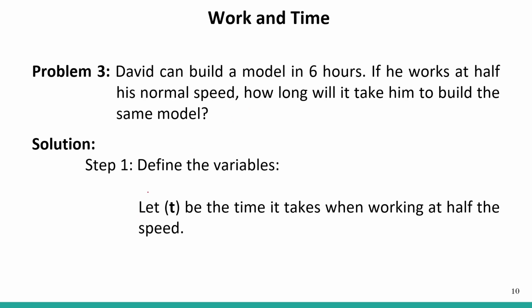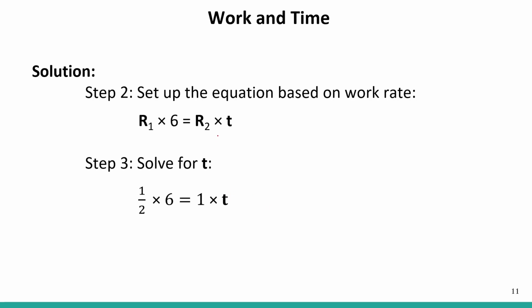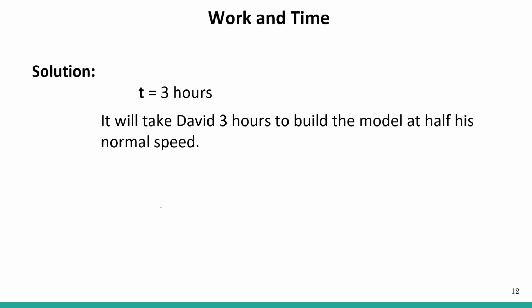Defining the variables, let t be the time it takes when working at half the speed. Set up the equation based on work rate: R1 into 6 is equal to R2 into t. Solving for t, t is equal to 6 by 2, which is 3 hours. So it will take David 3 hours to build the model at half his normal speed.